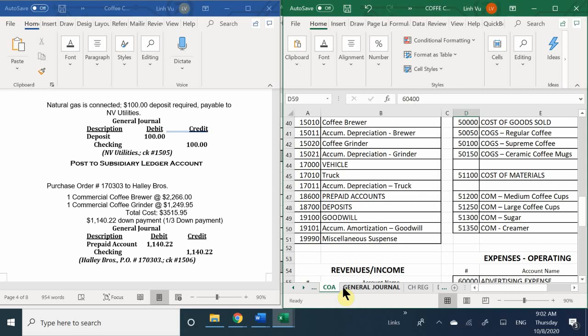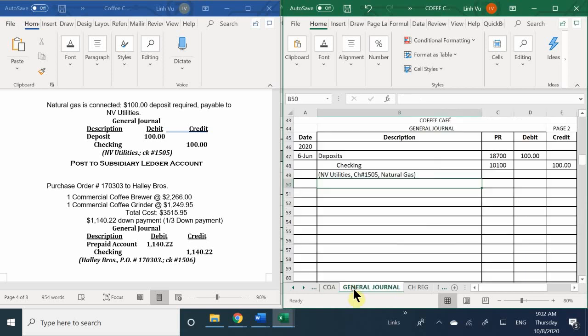Prepaid accounts is 18,600. In this case, like I said, I'm making a down payment, so I'm going to create a prepaid account. Because I'm paying into my prepayment, it's considered an asset to me because it's a deposit.